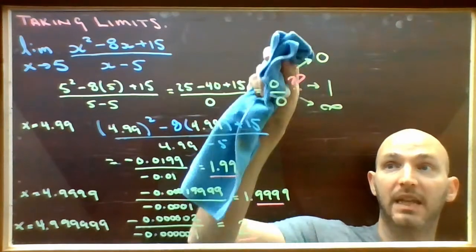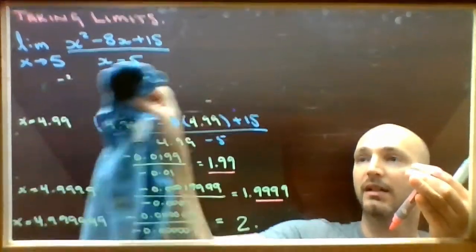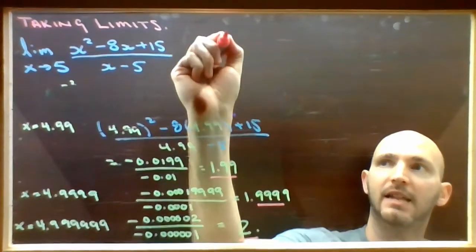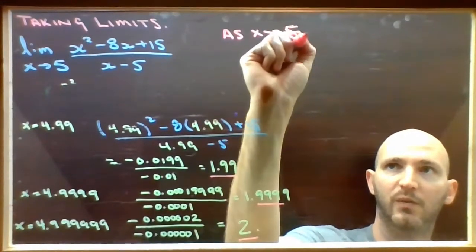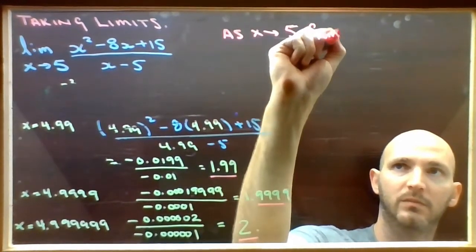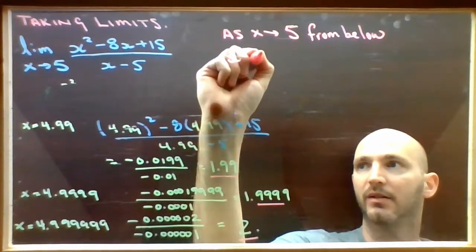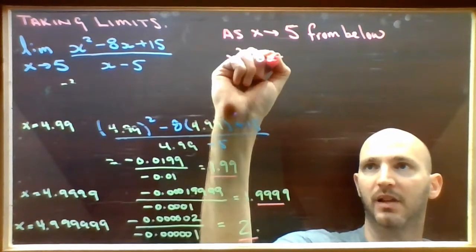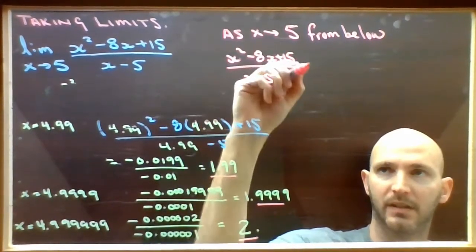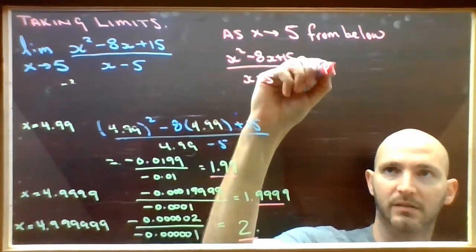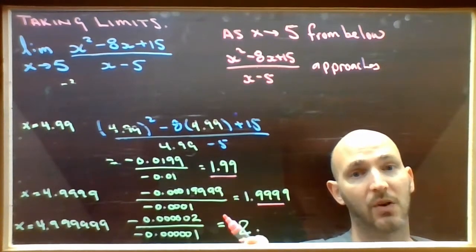It looks to me that as x approaches 5 from below, x squared minus 8x plus 15 divided by x minus 5 approaches, well, what are these numbers getting closer to?